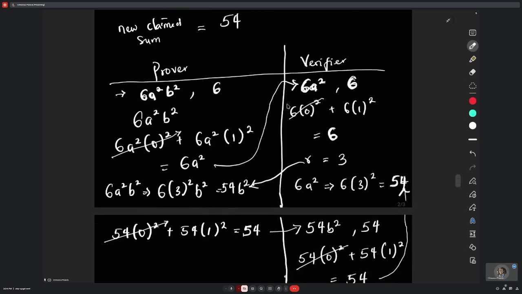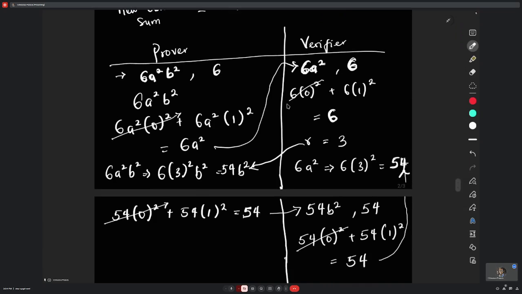So we have a polynomial 6a squared b squared that the prover wants to prove, right? And he sums it over the Boolean hypercube, the 0 and 1 Boolean hypercube, and he got 6. So he wants to prove that the sum of this polynomial over the Boolean hypercube is 6. Which it actually is, right? Do we agree?